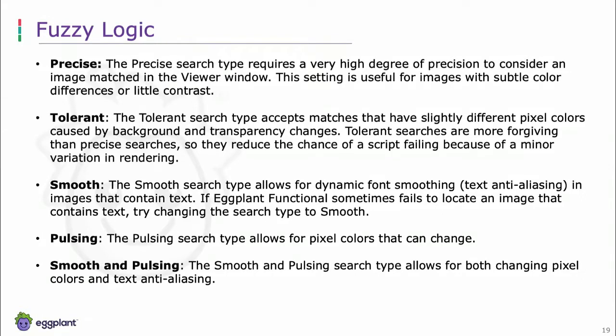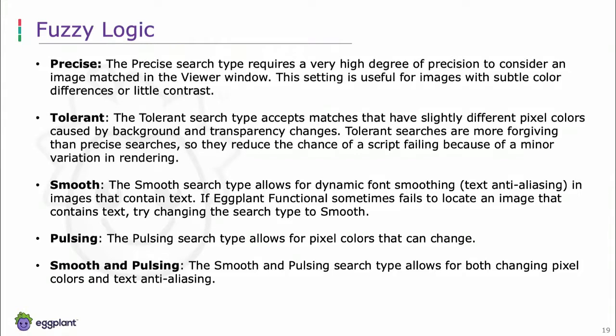Instead of certain pixels appearing or disappearing, we get the average amount of pixels of size and colors and use that as smooth. Pulsing has to deal with an image or text flashing on the screen, specifically an image. Smooth and pulsing is about text flashing on screen.